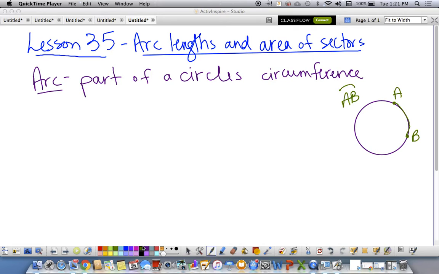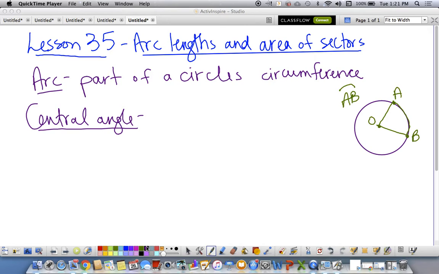If I were to connect the radii that go, let's say, from the center to A and to B, is there a central angle? What is the central angle? Definition, and what is the example?